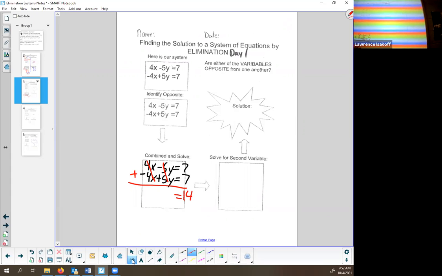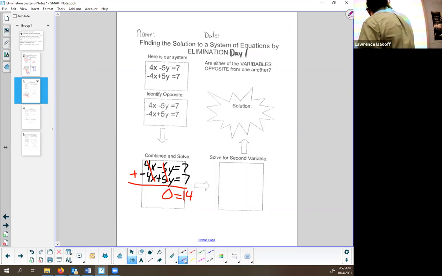Now, if everything canceled out on the left side, what should I put over here? 0, because nothing's left. Is 0 equal to 14? So that is no solution. Very good. 0 is not equal to 14. So this has no solution.